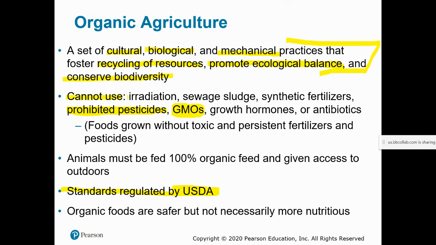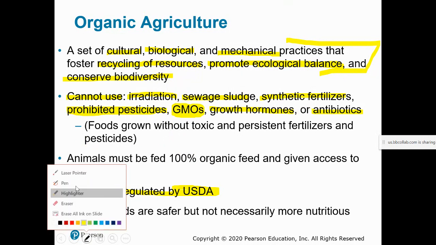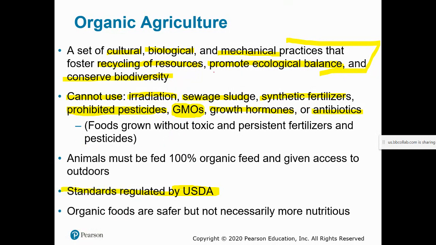Foods cannot be irradiated, sewage sludge cannot be used, synthetic fertilizers cannot be used, growth hormones cannot be used, and antibiotics cannot be used. So what this means, again, taking a look at the bigger picture, promoting ecological balance and conserving biodiversity, is that in organic agriculture we're trying to remove toxic and persistent pollutants, right?